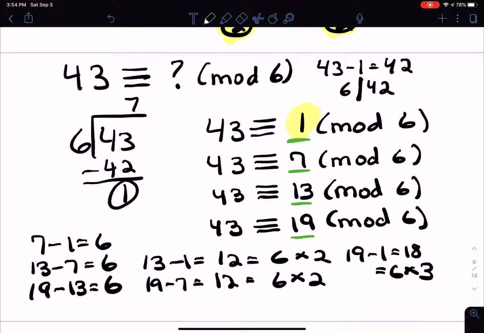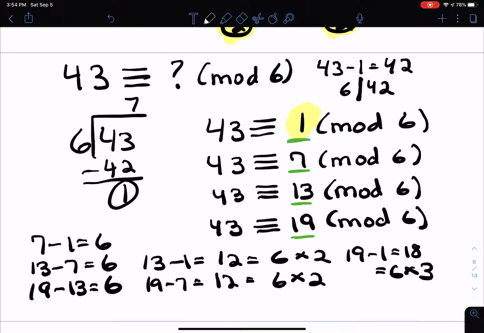If you subtract 43 minus 7, same idea. You get 36. 6 goes evenly into 36. If you subtract 43 minus 13, 6 goes evenly into 30. If you subtract 43 minus 19, 6 goes evenly into 24. So that's kind of a quick way, too, to check to make sure you have answers that work.